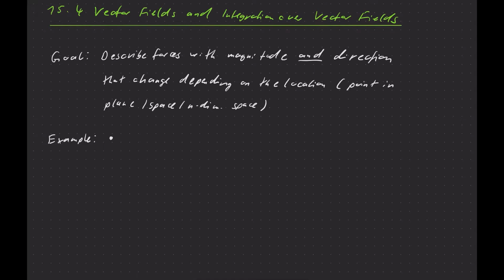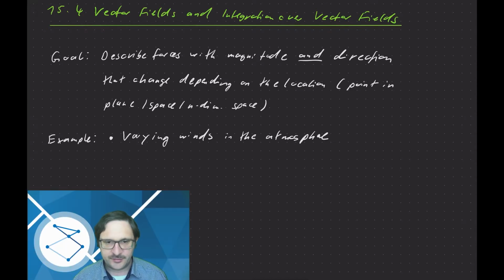So the classical way to model this would be to model the winds as a vector field and then the path of the airplane as a curve through the space. Okay, so one example would be varying winds in the atmosphere. And of course, that is not just important for planning the path of an airplane, but also, for example, for the weather forecast.